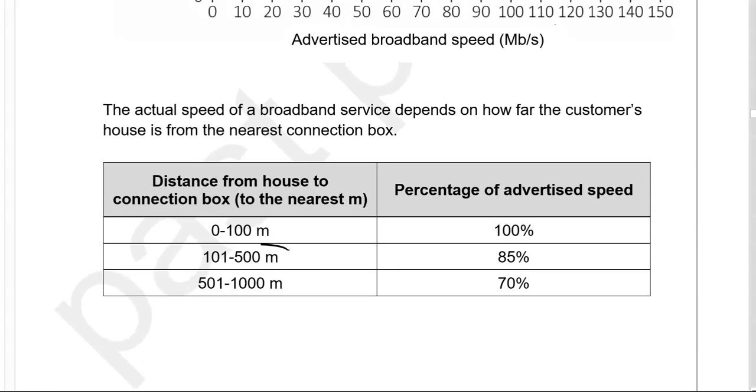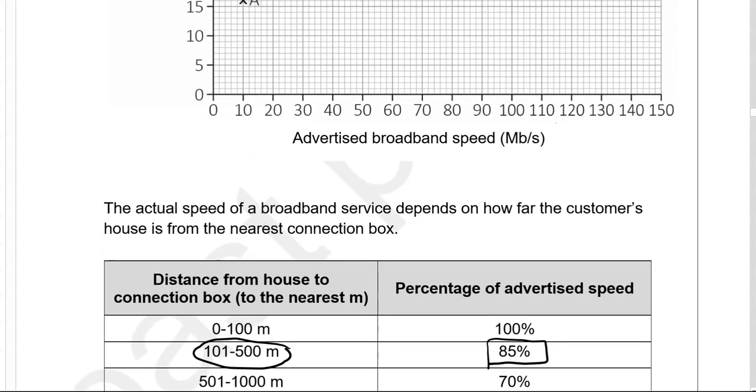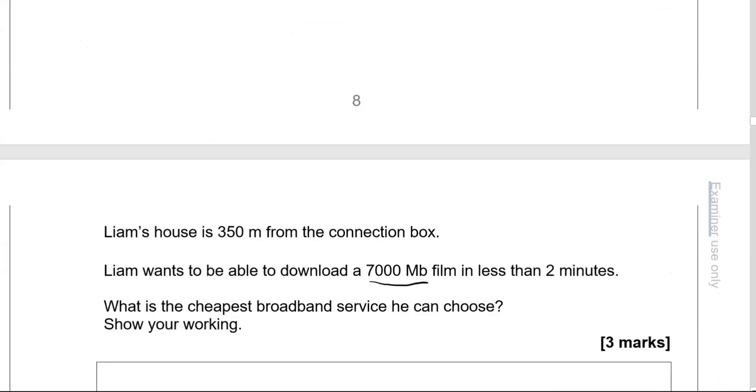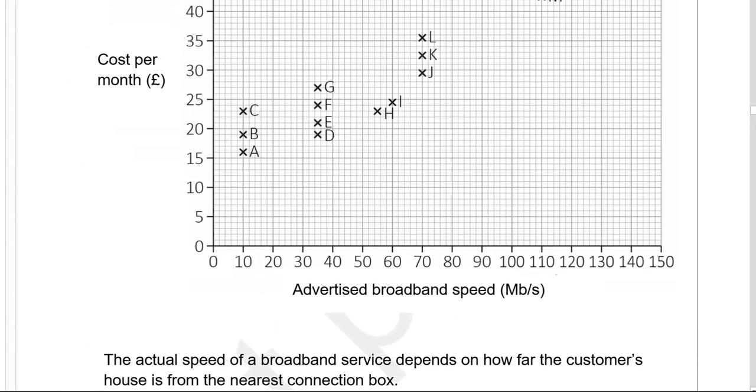So in terms of the distance, it'd have to be this one here, which shows 85% of the advertised speed, which means that in reality there'll be 15% less than advertised. So speed is given in megabits per second.